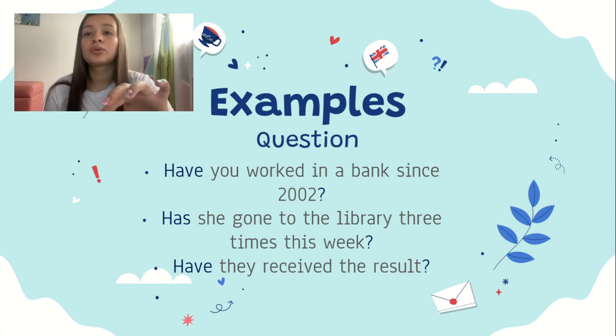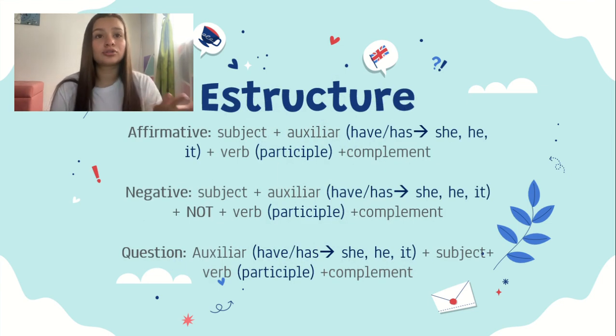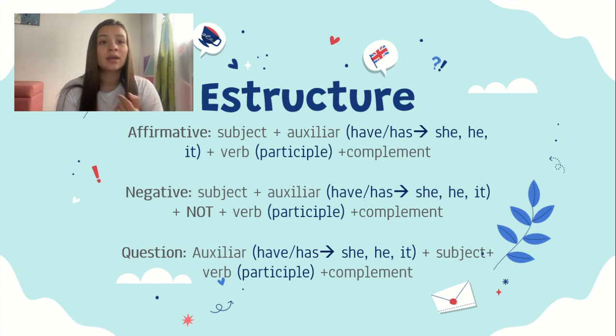To support that idea, we are going to see the structure of the present perfect. In affirmative form, we have the subject, plus the auxiliary that can be have or has, and we need to know that has is with she, he, and it, plus verb in participle, plus complement.